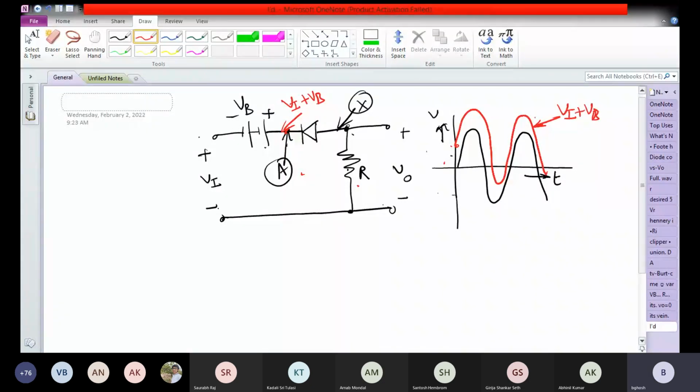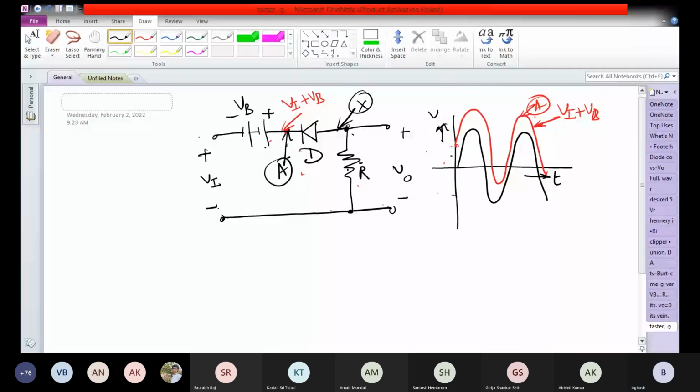Now you see, if I look at the point A, when the voltage at point A becomes less than 0, the diode D is going to conduct.